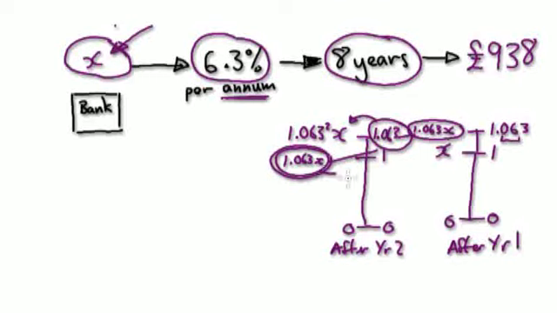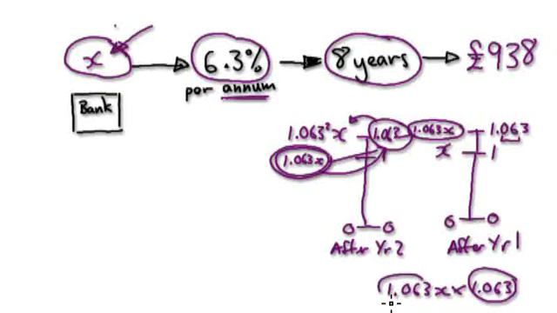Because if you get 1.063x, and then you times 1.063 again, these are the same, so you can merge them to give 1.063 squared, times x. So this will be your amount at the end of year 2.